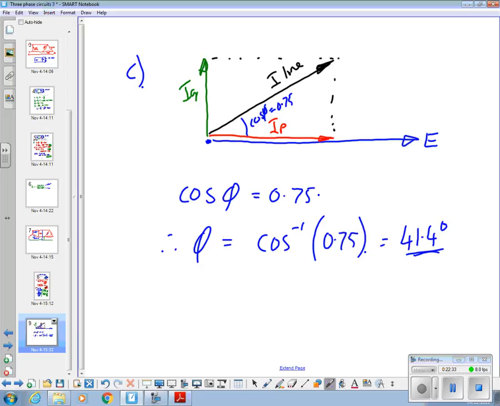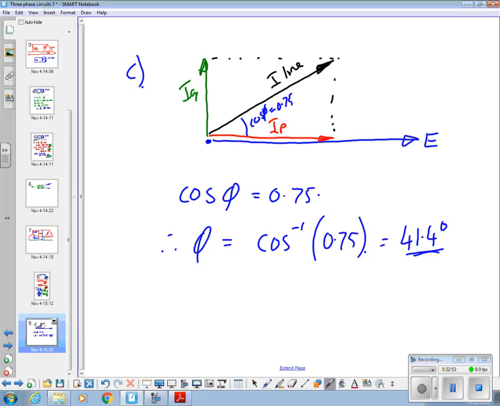Alright, going back to the question, what's the next bit? Calculate the reactive power needed from a power factor correction capacitor in order to improve the power factor of the motor to 0.9. Assume that the active power remains constant.